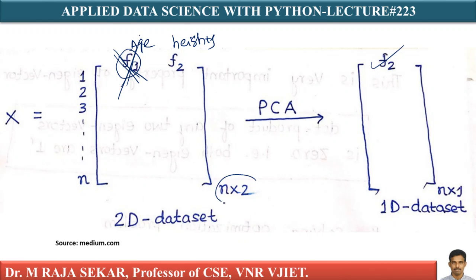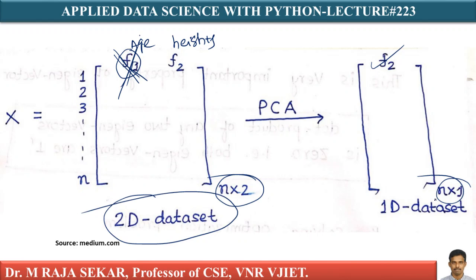This n by 2 matrix is converted into an n by 1 matrix. This two-dimensional data set is transformed into a one-dimensional data set. PCA is useful to transform this two-dimensional data to one-dimensional data, and this holds good for higher dimensional data sets as well.